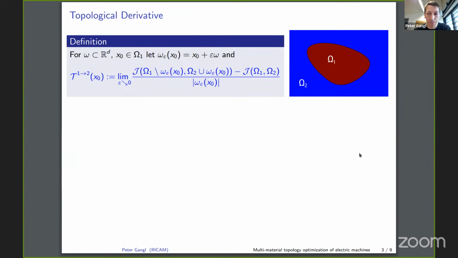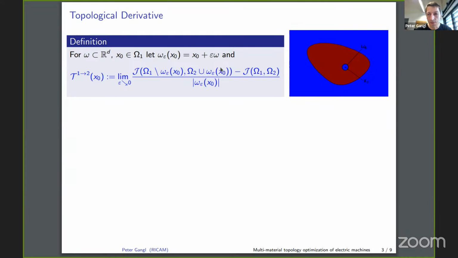We already saw what the topological derivative is, so I can be a little bit quicker on this. I used a slightly different notation, which can be extended to the multi-material case. So the topological derivative basically just measures the sensitivity of a cost function J that depends on a material distribution if this material distribution is perturbed at a fixed point x0.